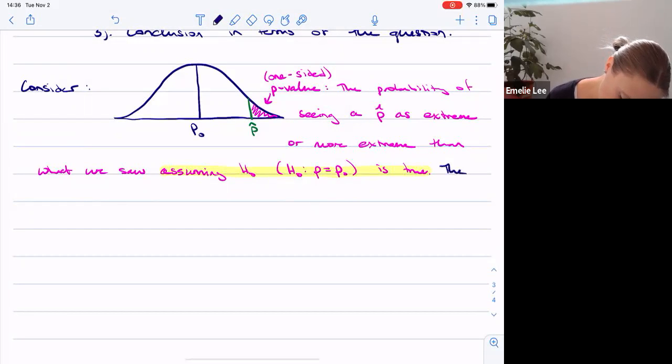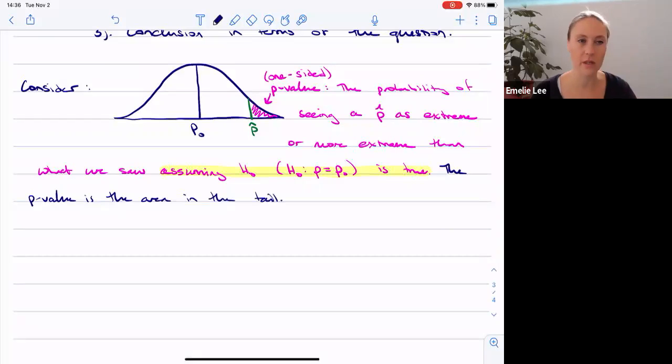The p-value is the area in the tail. Something as extreme or more extreme is the area in the tail. How we find that area, we're just skirting around, but you might remember using a Z table or something like that.